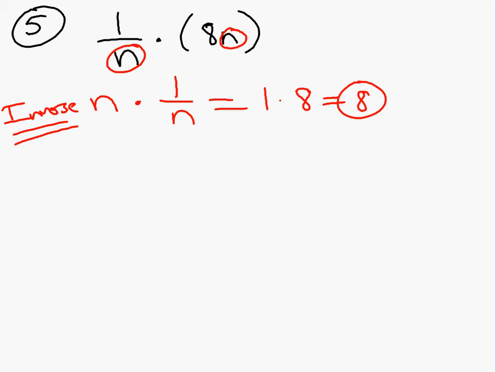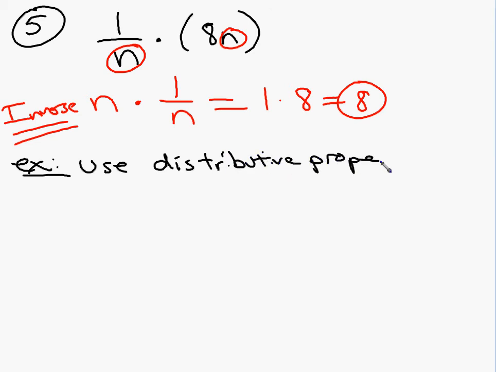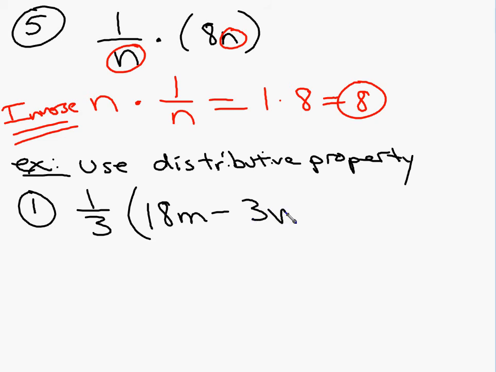Now, you're also going to have some where you have to use distributive property, which we've been working with the last few days. Use distributive property to do this problem, but we're also going to use what we know about fractions. 1/3 times 18m minus 3v.